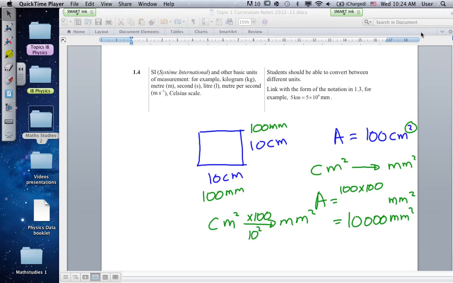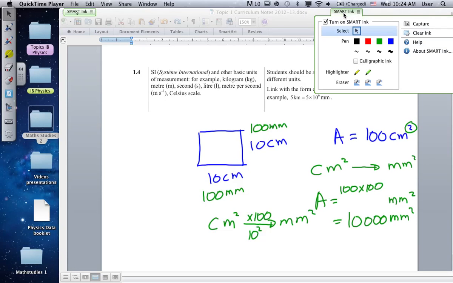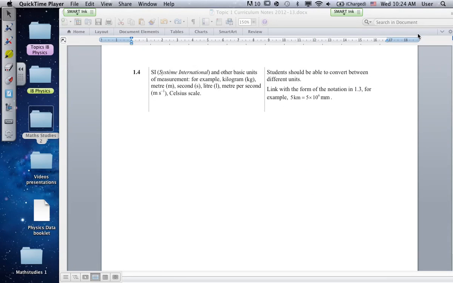Now, let's make it a little bit more complicated. Let's just say we've got a cube of 10 centimeters, 10 centimeters, 10 centimeters, like that.